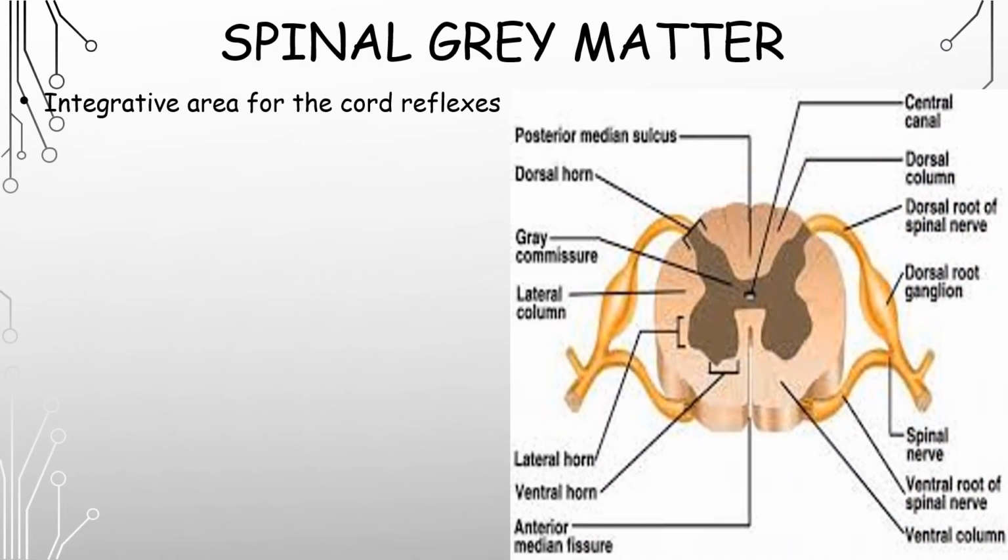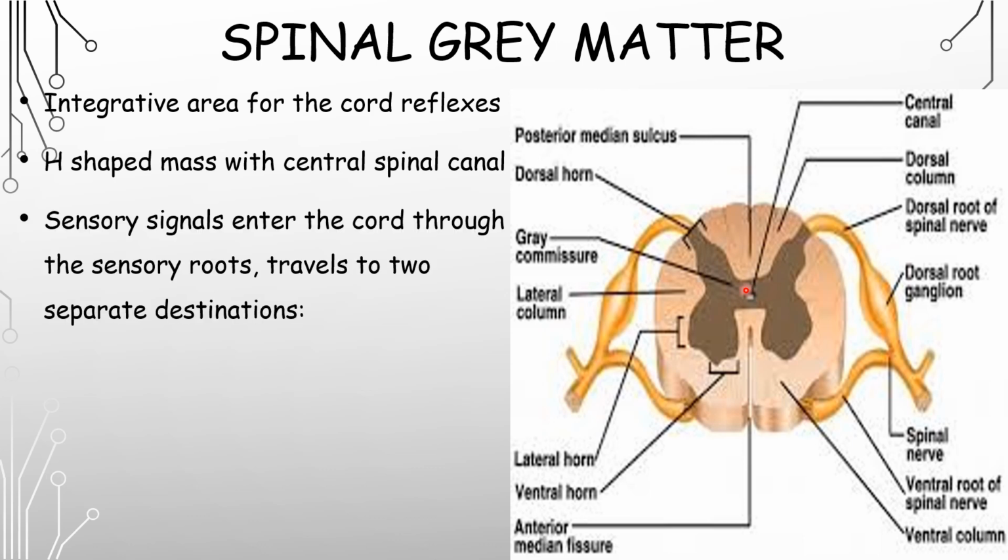Spinal gray matter. It is the integrative area of the spinal cord reflexes. It is an H-shaped mass with the central spinal canal. You can see the spinal canal here in the center. Sensory signals enter the cord through the sensory roots and travel to two separate destinations.